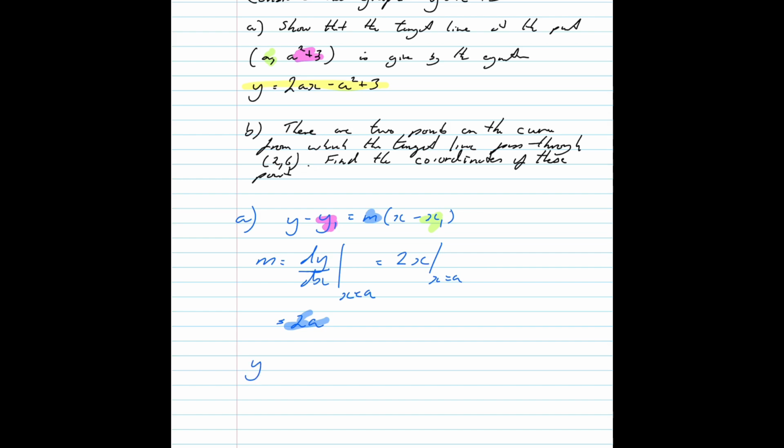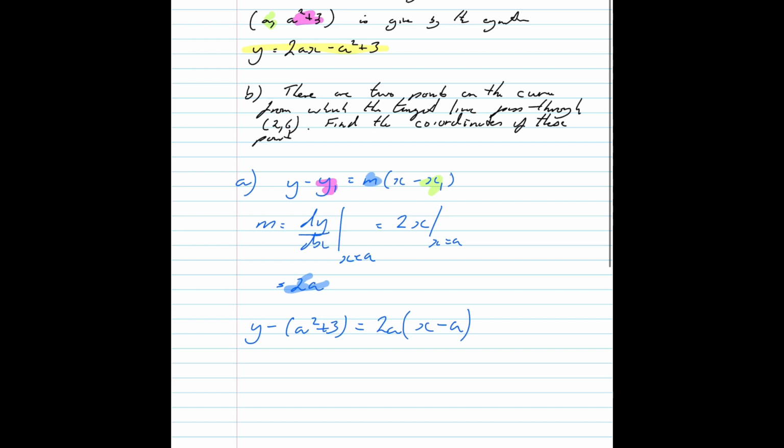So our line becomes y minus (a squared plus 3) is 2a times (x minus a). Now, we just want to write this differently. This is the same line, right? I'll demonstrate that by doing a little bit of algebra here.